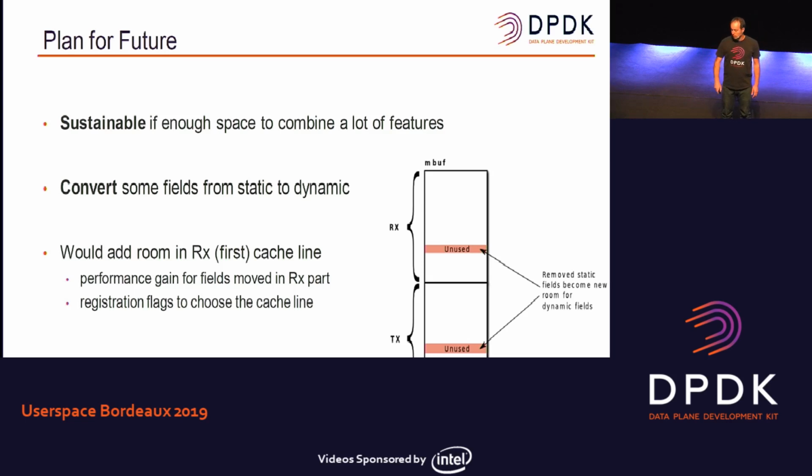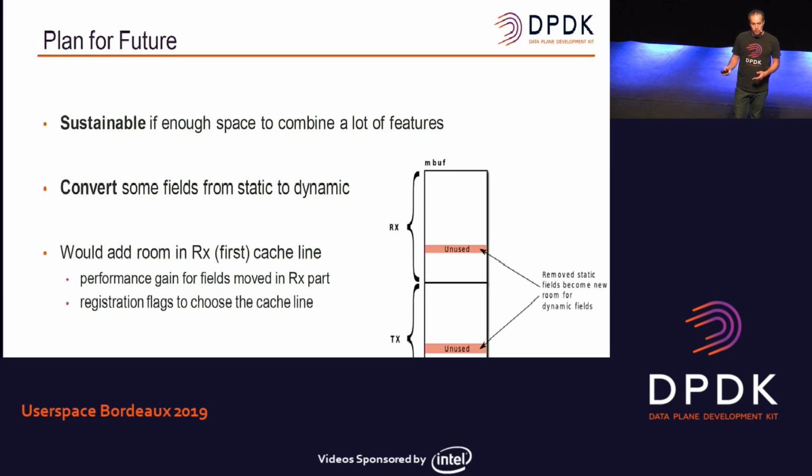And one interesting thing to note is that if a field is used during the receiving processing, during RX, and if it is not in the first part of the mbuf, you will have a cache miss to get the second part of the mbuf, so you decrease the performance of RX. It's better to have all RX fields in the same part of the mbuf, which is the first one.